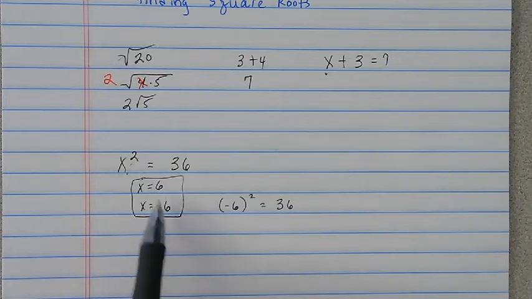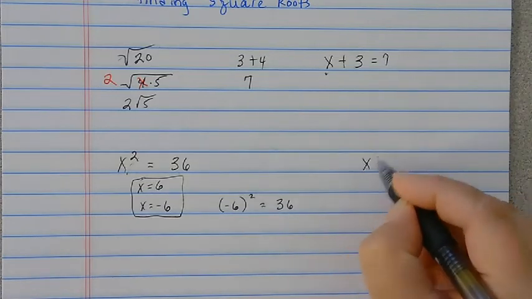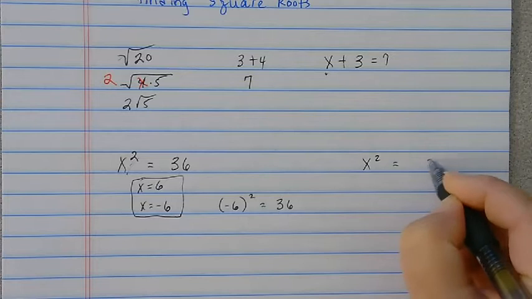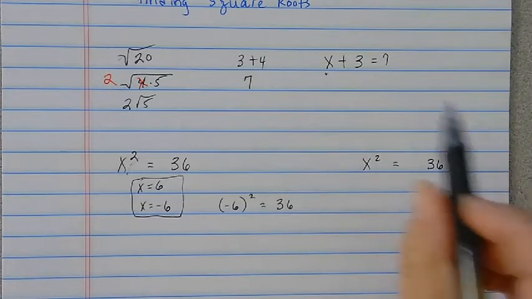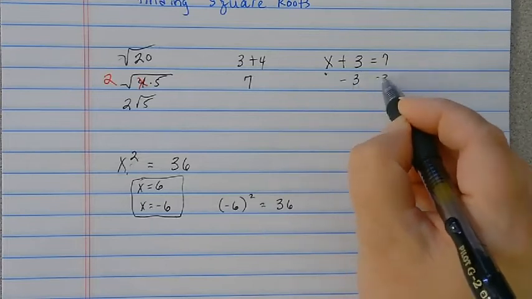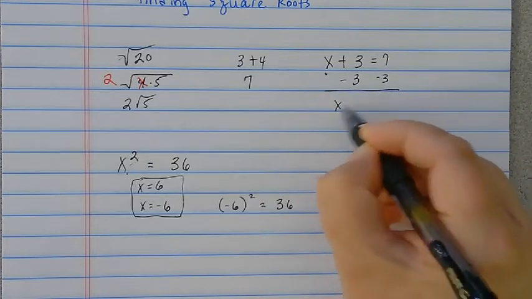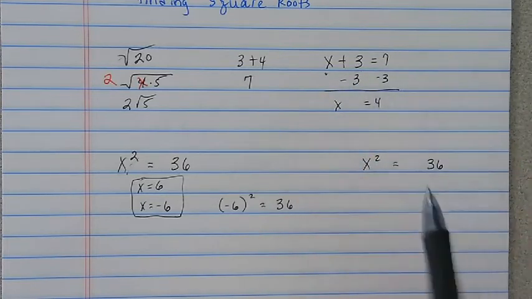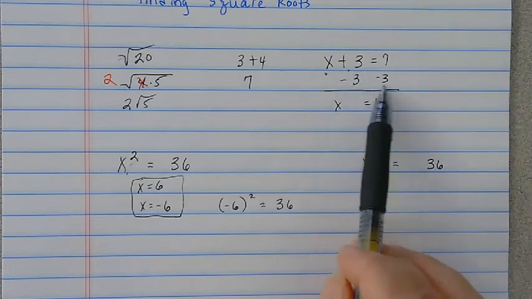When they're not so easy to tell what the number is, we have a method. Anytime you have a squared problem, you can undo the square. Just like on this problem, because this says addition, if I wanted to solve it, I would undo by doing the inverse operation of subtracting, because the inverse of adding is subtracting.